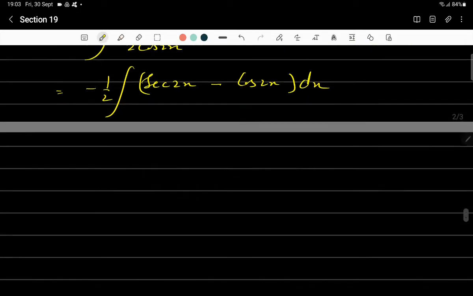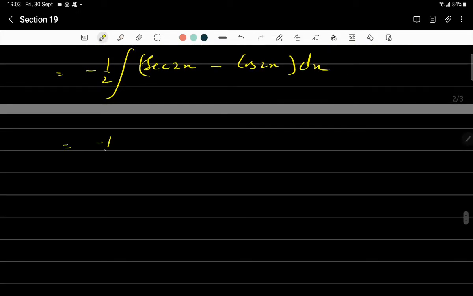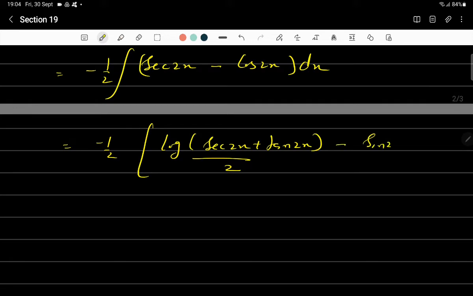Now I know the integration of sec 2x and cos 2x, so minus 1 by 2 times [log of sec 2x + tan 2x divided by 2, minus sin 2x by 2]. So this is my v1.